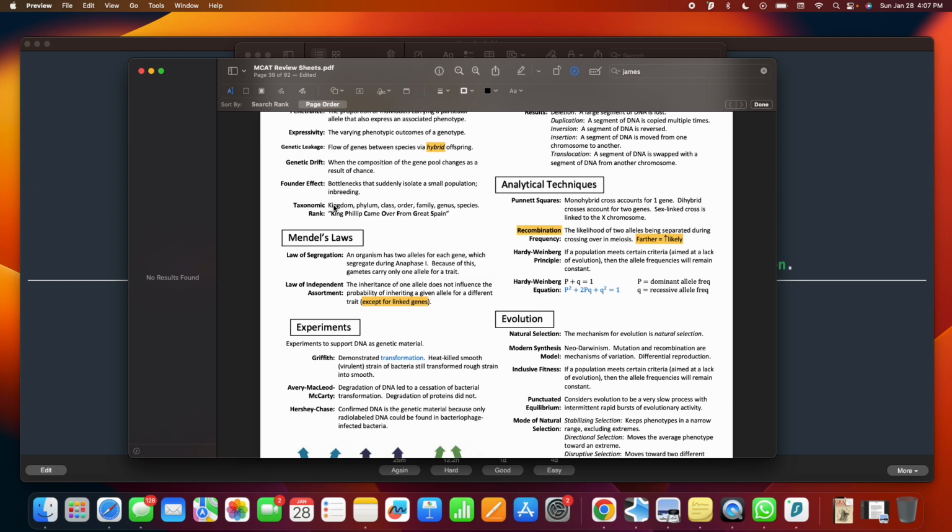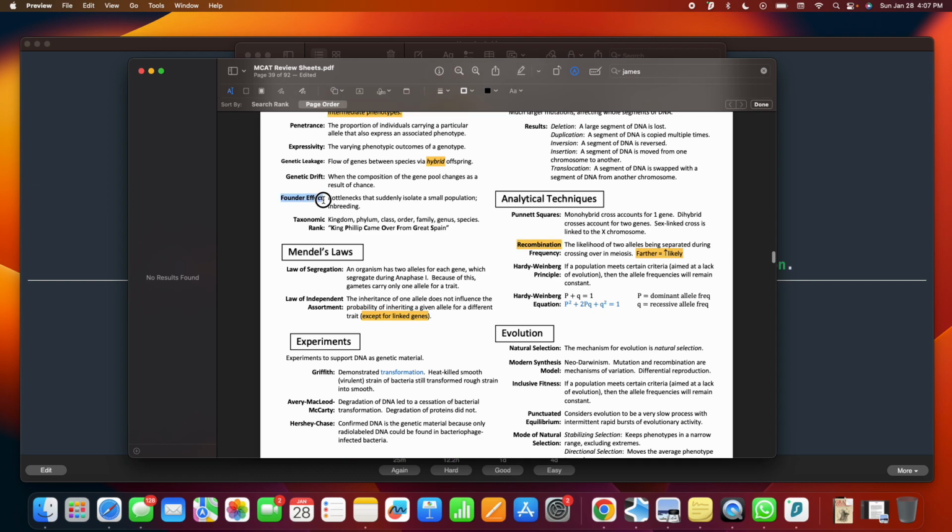right? Okay, I'm gonna highlight these tricky ones. Genetic drift, genetic leakage, like the zebra.